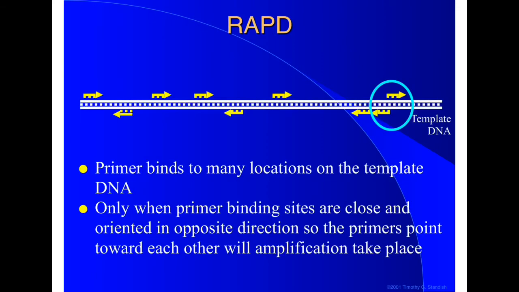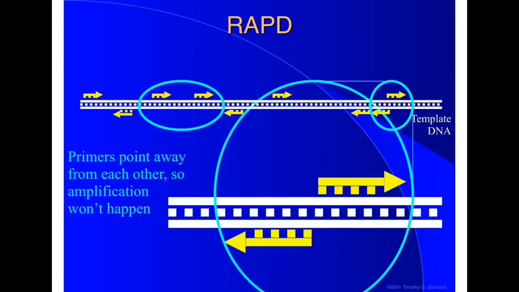In the case of RAPD, primers bind to many locations on the template DNA. When primer binding sites are close and oriented in opposite directions, so the primers point towards each other, amplification takes place. When the primers bind in different directions but not in opposite directions, it is of no use.